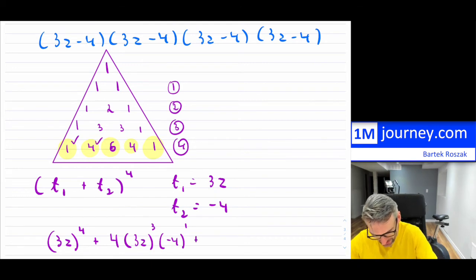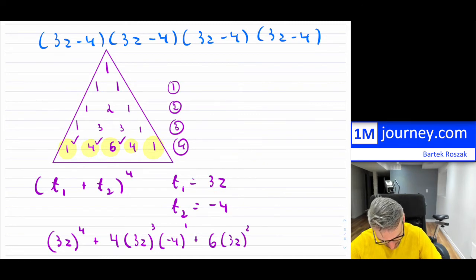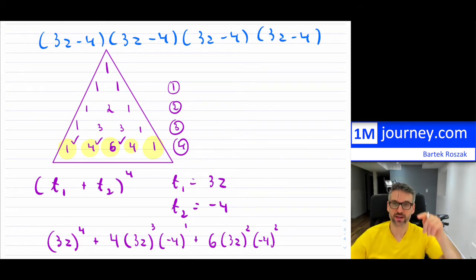So plus, now again, you're going to take this, so 6. This is now going to be 3z. This goes down again to 2. Negative 4 is 2. So notice the term 2 increases, term 1 decreases.